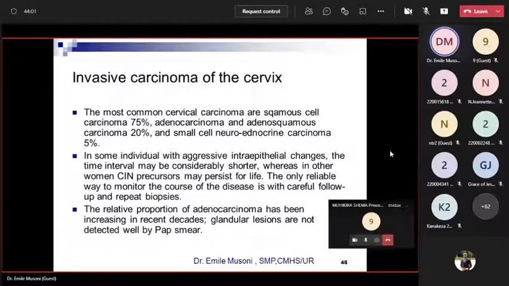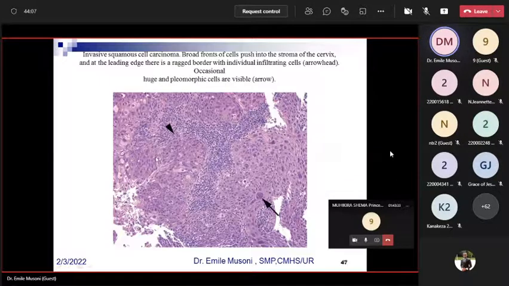This is an image of squamous cell carcinoma. Those around it are lymphocytes, meaning that there is infection. And this one is a malignant cell. You see now the cells are pleomorphic. Some are small. They have changed even their morphology.